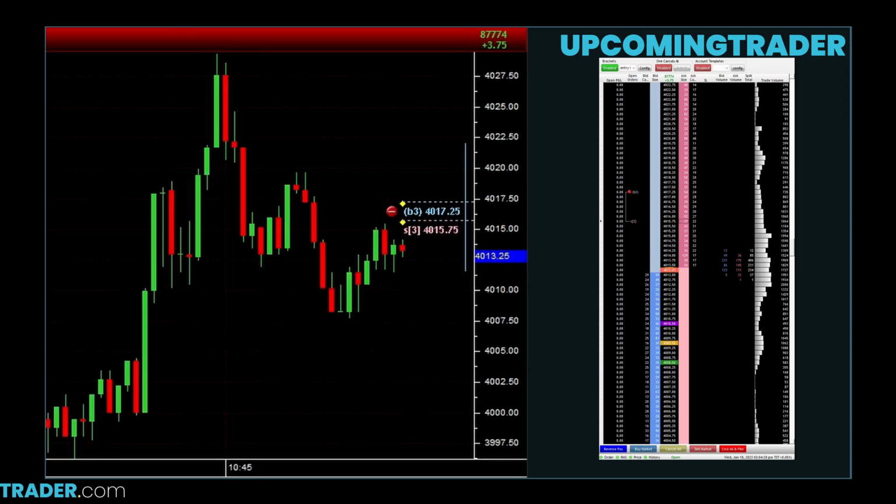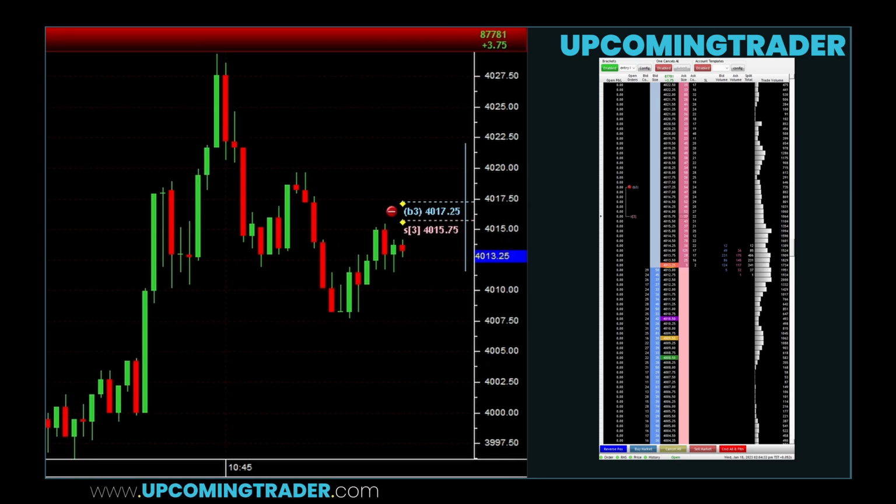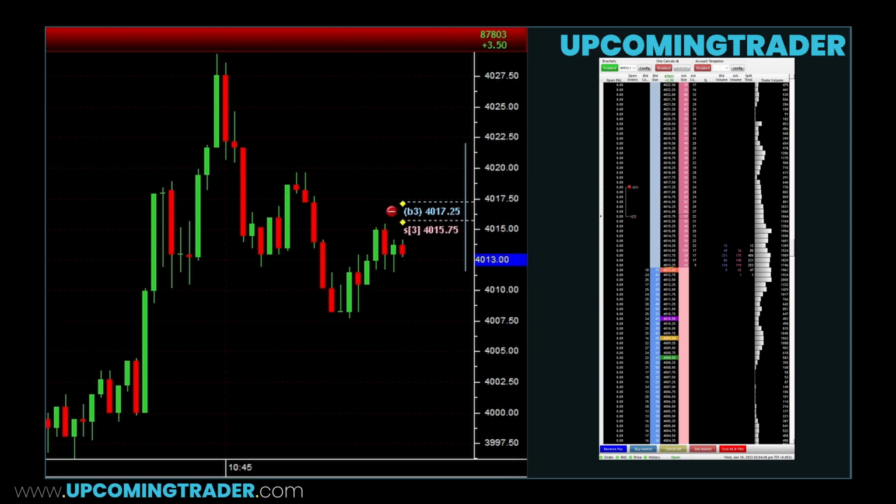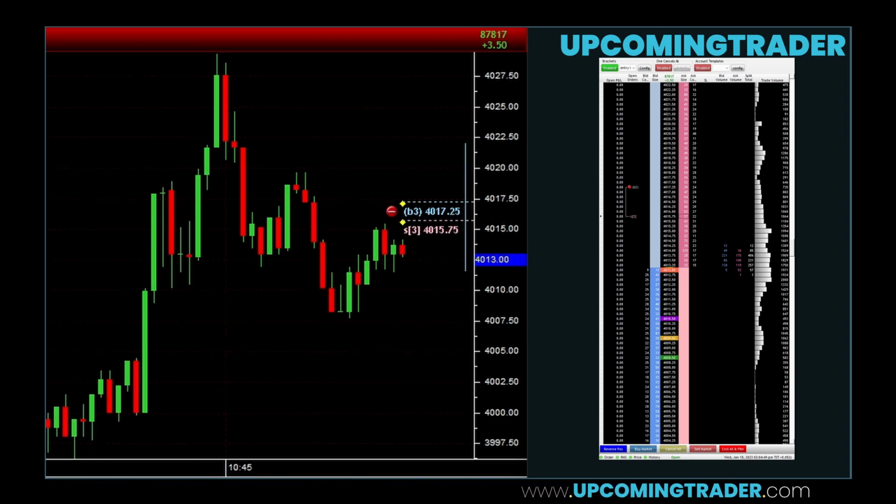Flags and pennants are continuation patterns that often occur after a strong price movement. When these patterns form, the price tends to consolidate before continuing in the direction of the original trend. If a bullish flag forms and the price stays above the exponential moving average, it is usually a strong signal that the uptrend will resume.